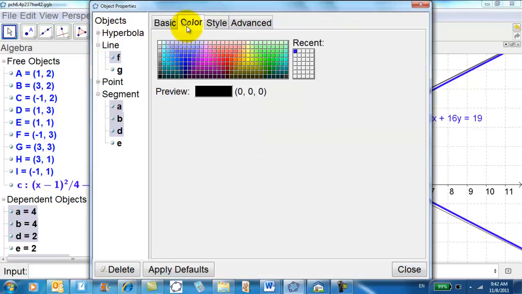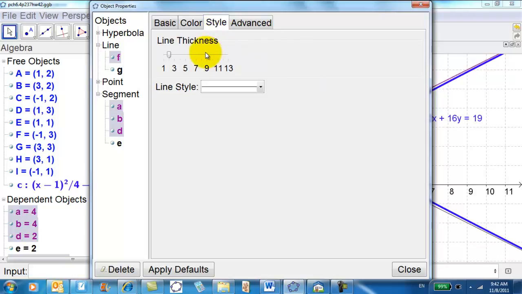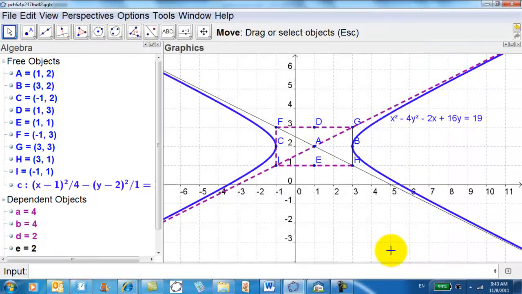We want to make all those dashed. And we didn't get quite to all of them. I will edit this out.